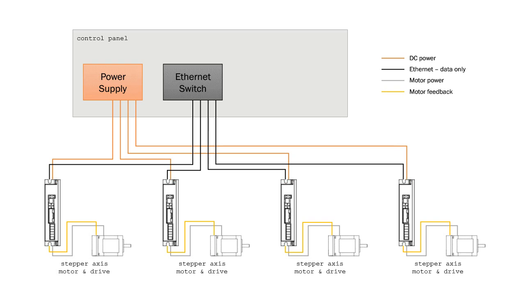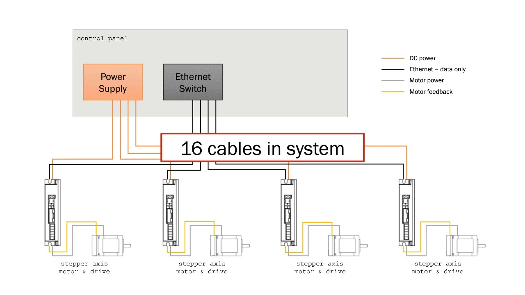And the yellow and gray lines there show the motor feedback and motor power connection between the drive and the motor. And then all the drives are connected back to our control panel with DC power on the orange lines and Ethernet data on the black lines. So if you count up all the cables in just this aspect of your system, you've got 16 cables that you've got to purchase, install, manage, and deal with.